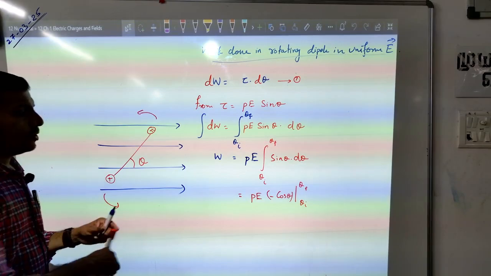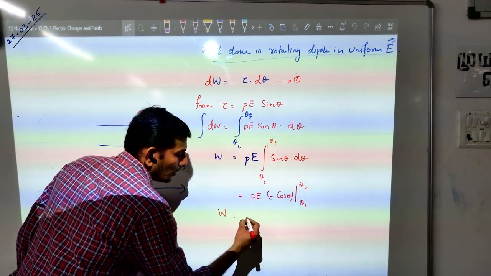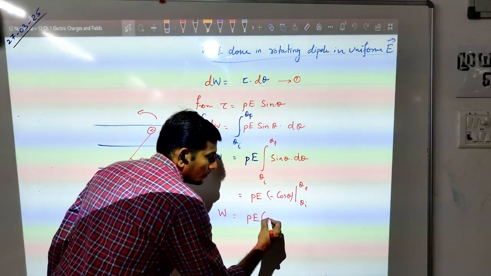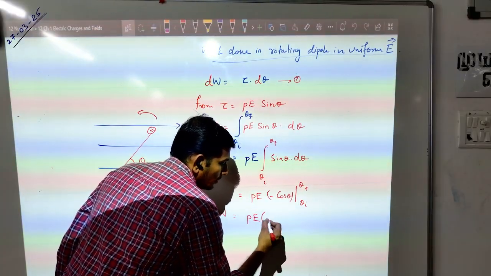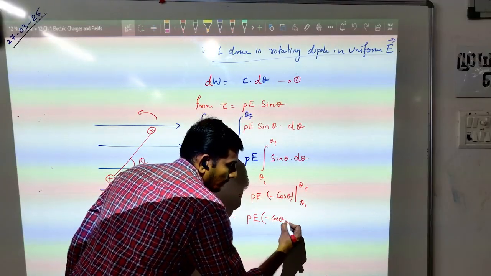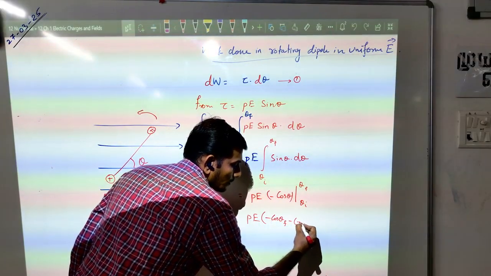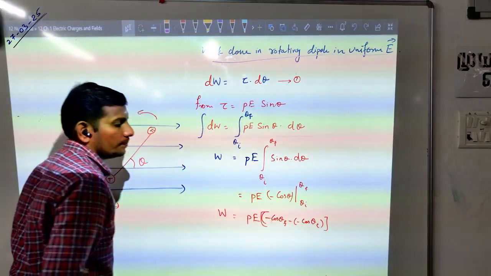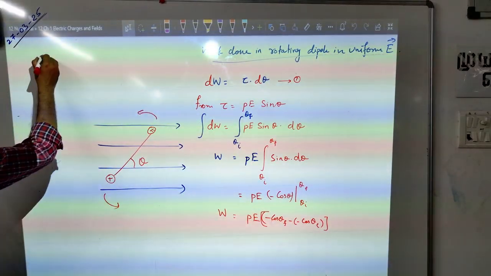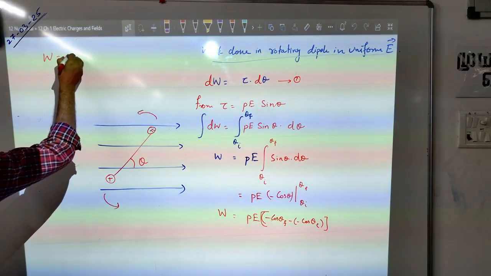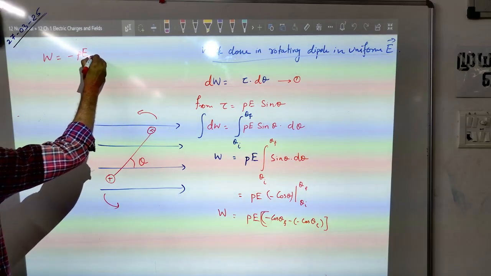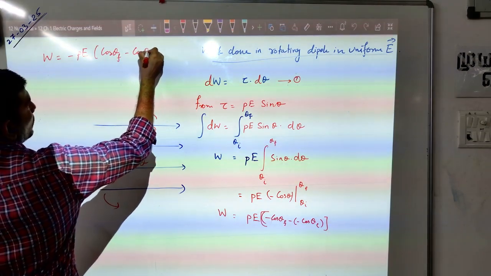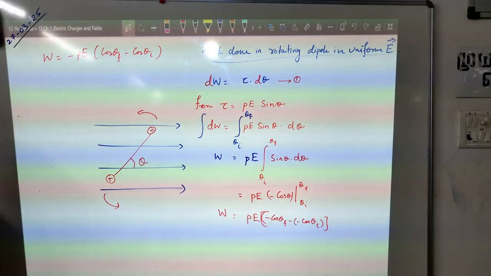Got it? So how do we elaborate it? Work done is equal to PE into minus cos theta final minus of minus cos theta initial. So it turns out that work done in rotating the dipole is equal to minus PE into cos theta final minus cos theta initial.